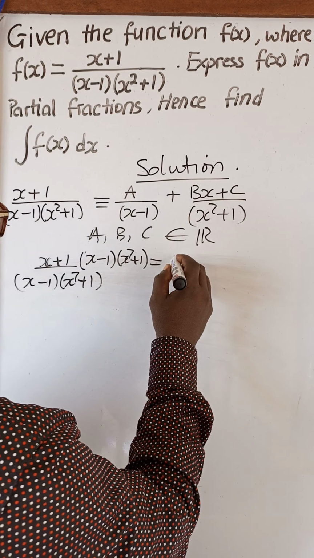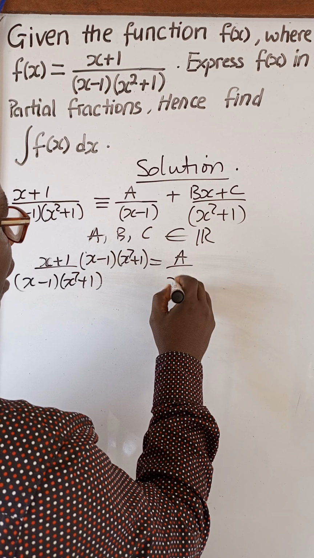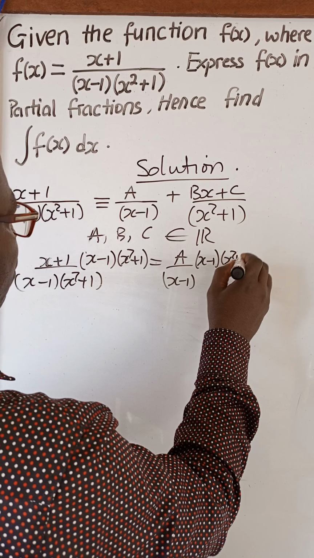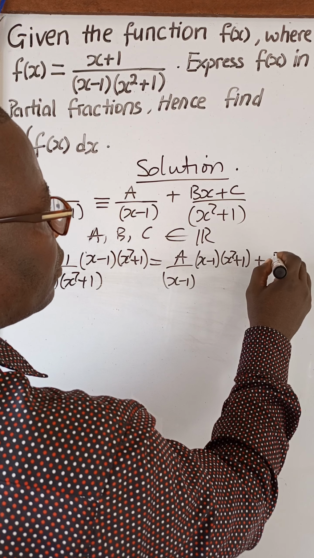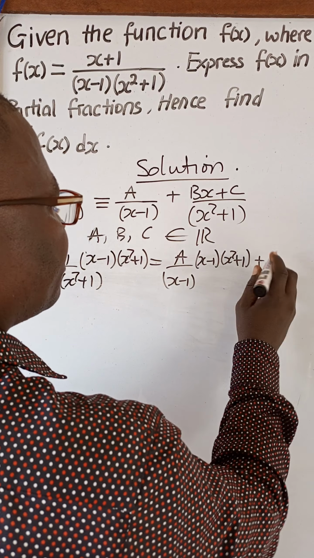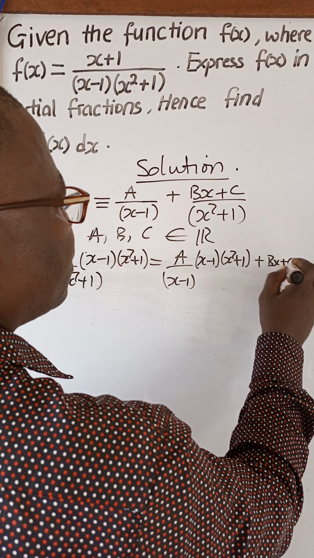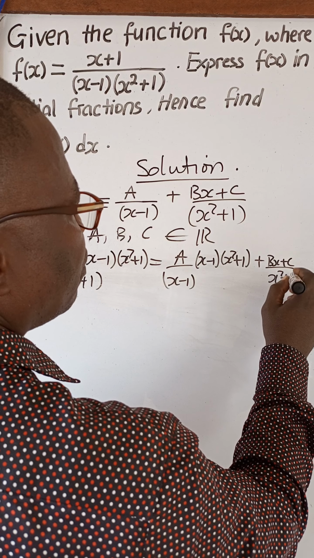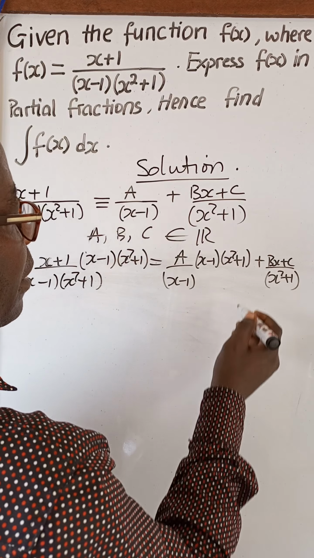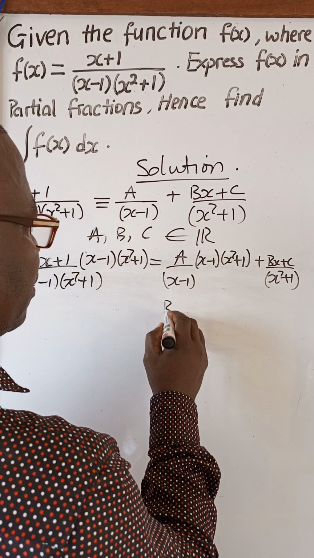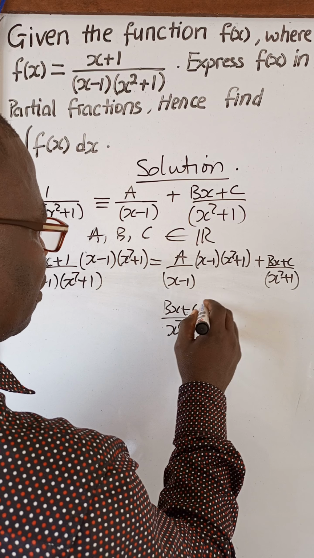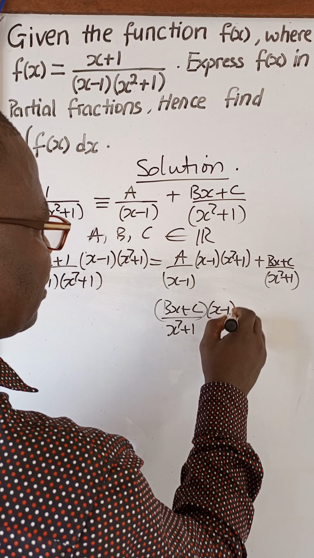We multiply all through by the same LCM: a all over x minus 1, and then plus bx plus c all over x squared plus 1, all of that multiplied also by the same LCM.